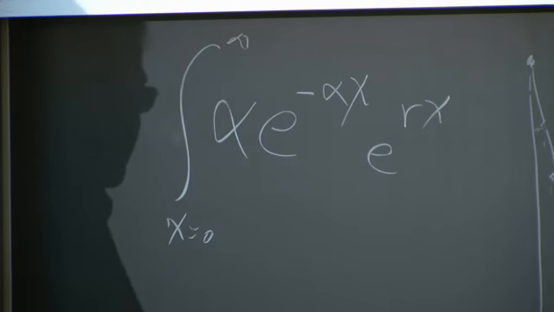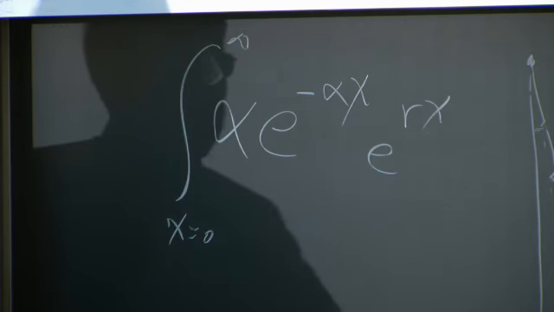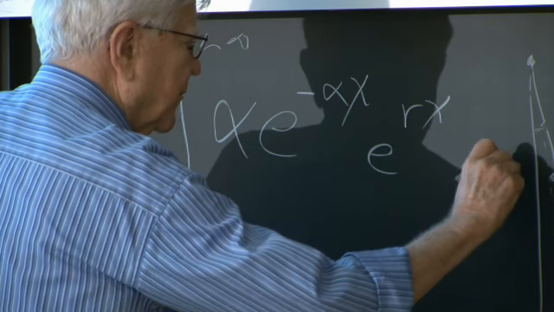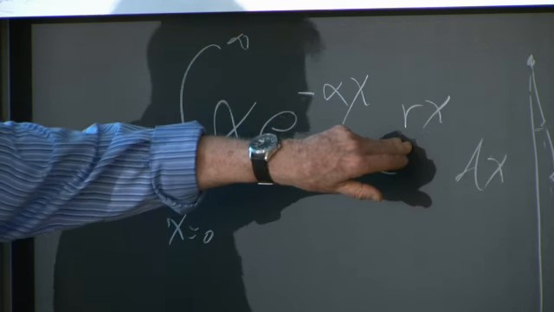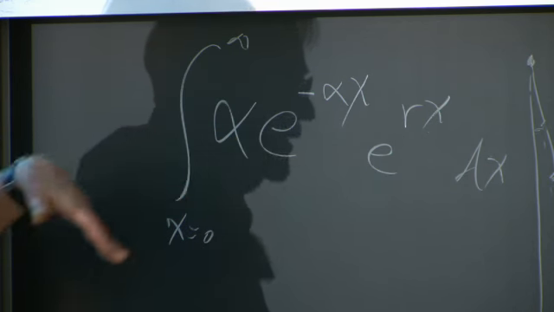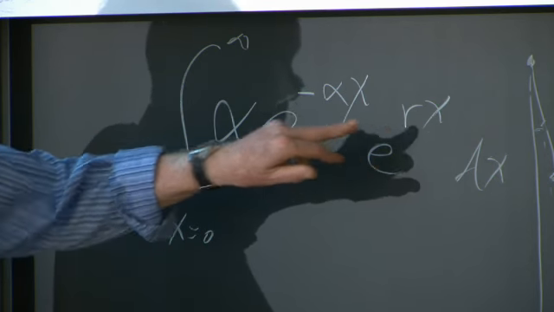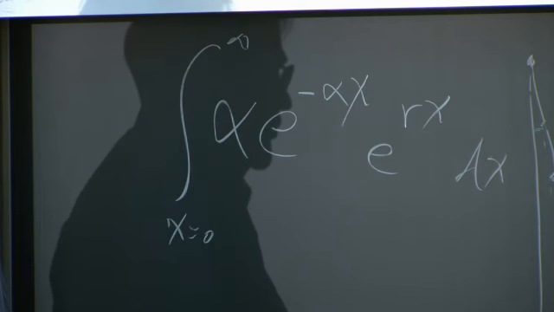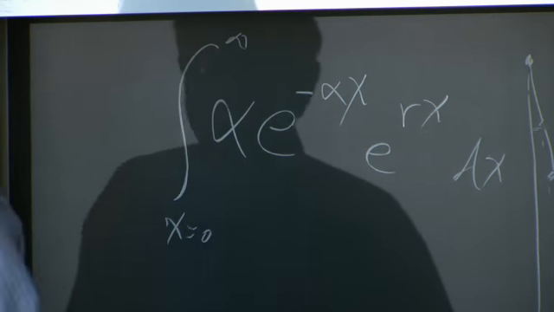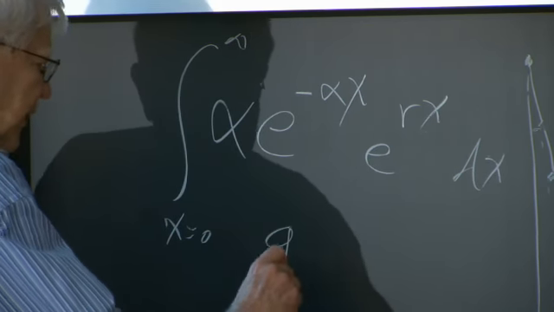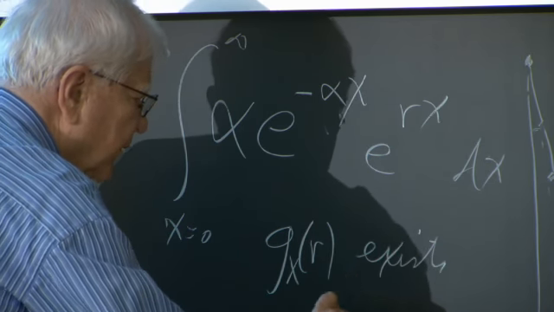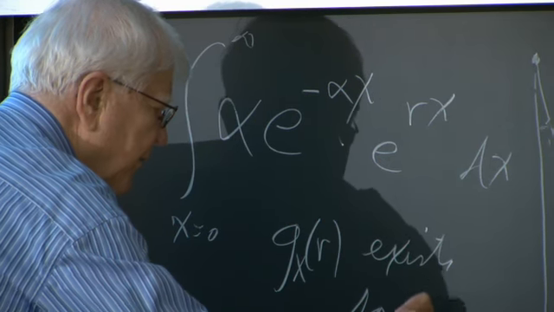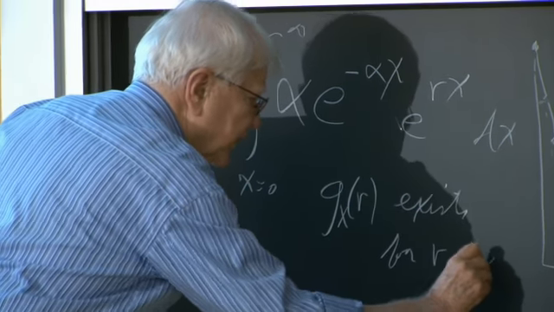Where does this exist? Don't bother to integrate it. If r is bigger than alpha, this exponent is bigger than this exponent, and this thing takes off towards infinity. If r is less than alpha, the whole thing goes to 0. So g_X of r exists for r less than alpha in this case.